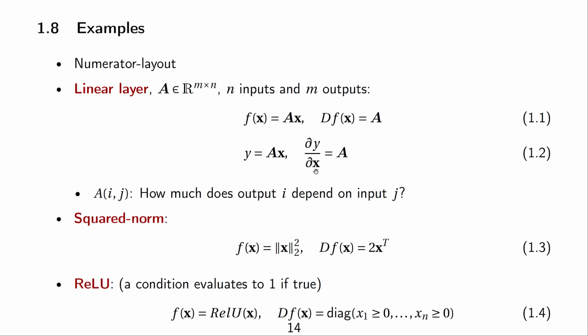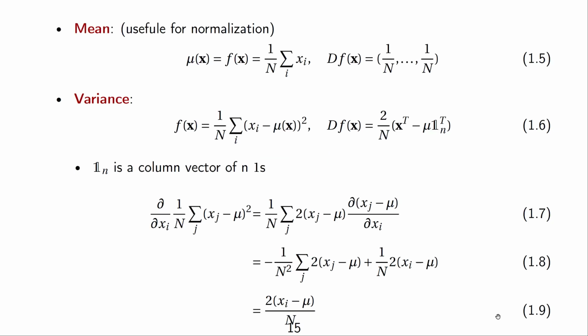And this kind of data explosion problem is something that the backpropagation algorithm helps us to bring under control, so that we don't have to deal with these potentially very large matrices.